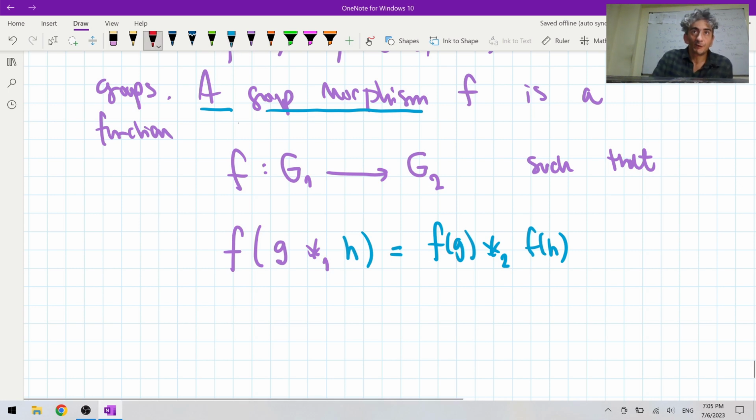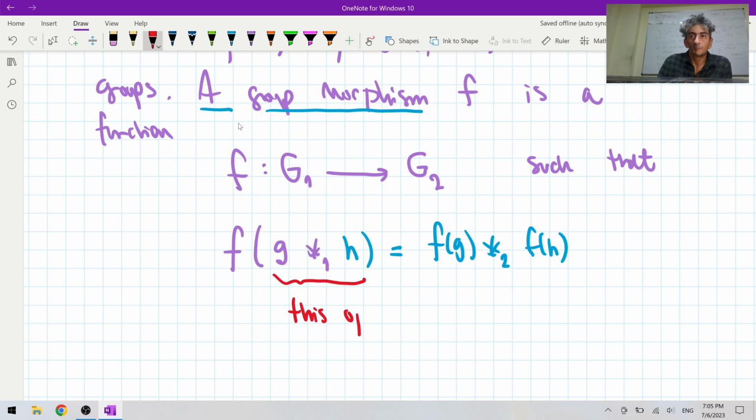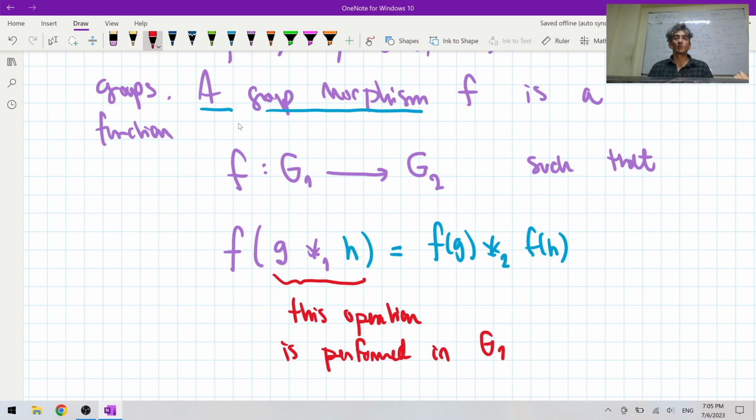First observation: this operation is performed in G1. We take two elements of G1 and star them together with the operation native in G1. When we push that to the right, we get two elements of G2 that get operated in G2.